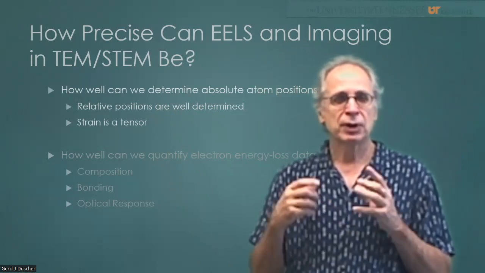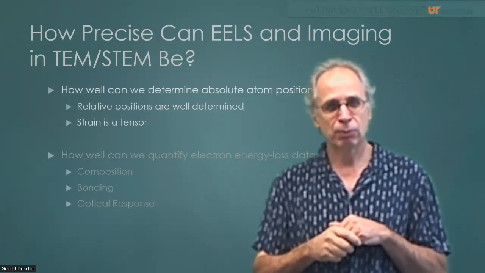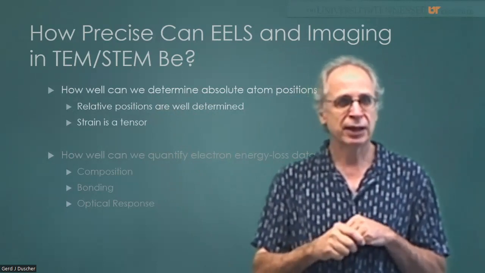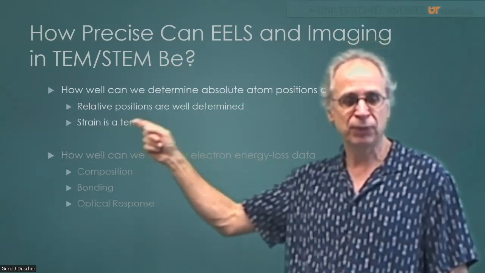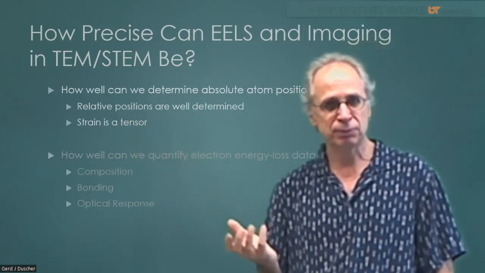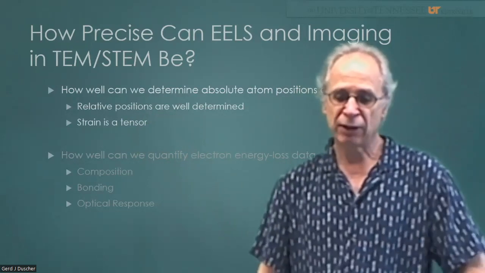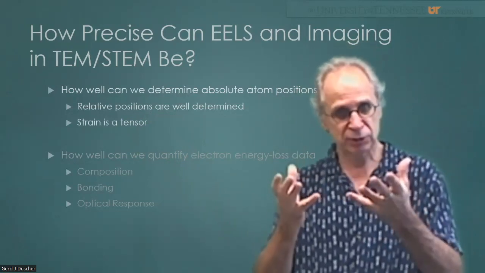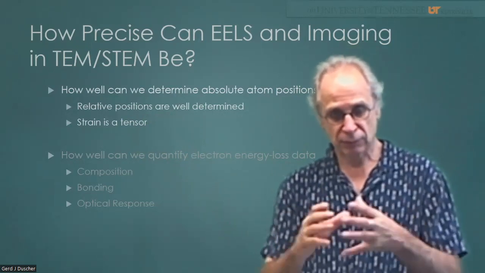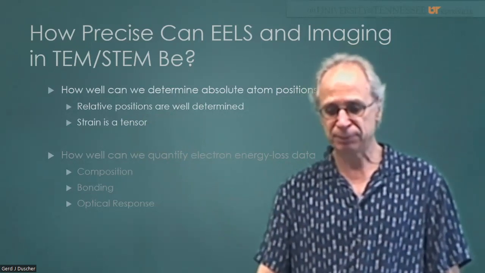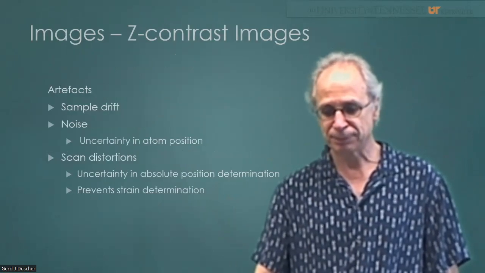So if you have the positions, can you do it accurately enough to determine strain? And strain as a tensor, in our case, because of the projection, we only can get the areal or the planar strain.